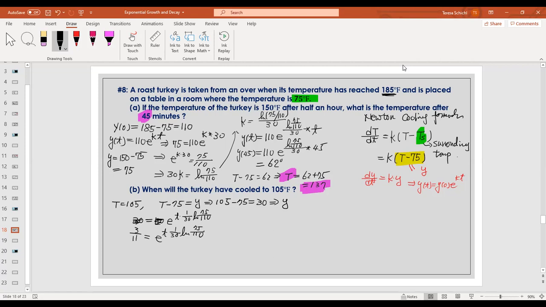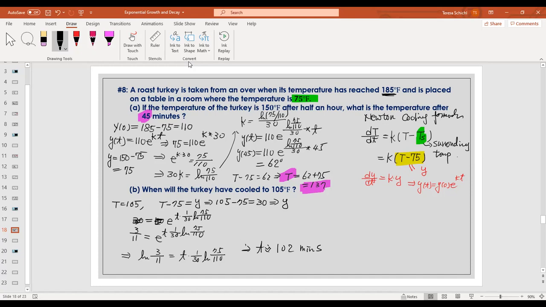Then you take natural log of both sides. So this is the natural log of 3/11 equal to t times 1/30 times the natural log of 75/110. Then you put it into the calculator and it will give you t approximately equal to 102 minutes here.